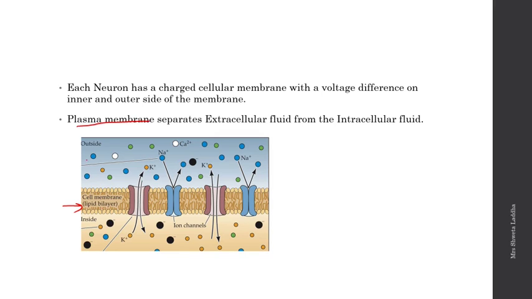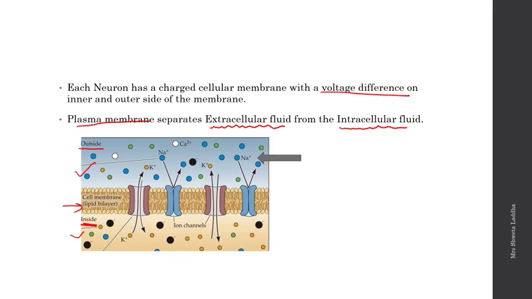The fluid present outside is the extracellular fluid. The fluid present inside the neuron, the cytoplasm, is called the intracellular fluid. There is a voltage difference on the inner as well as outer side of the membrane. Why? Because different types of ions are present.